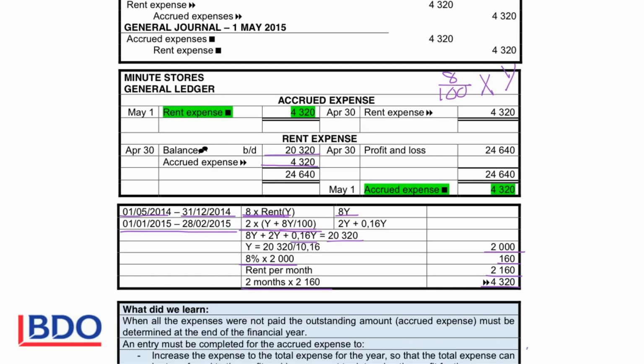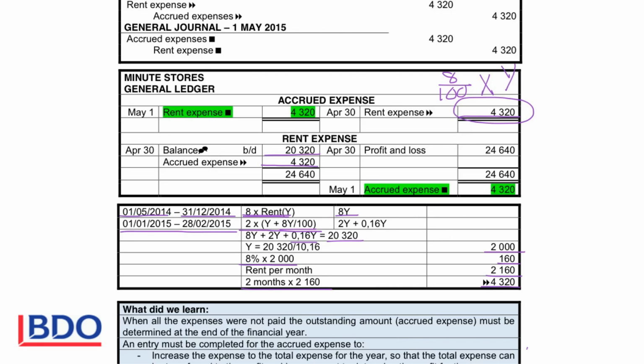Rent is an expense that was not paid in time, so it means I will credit accrued expense with 4,320. I create a liability to show that we owe this money at the end of the financial year.